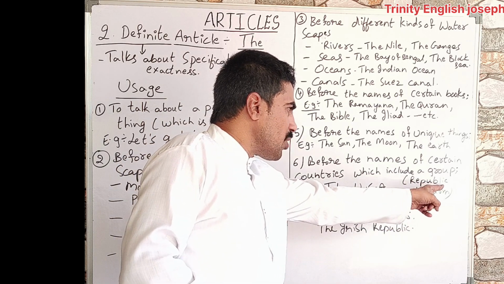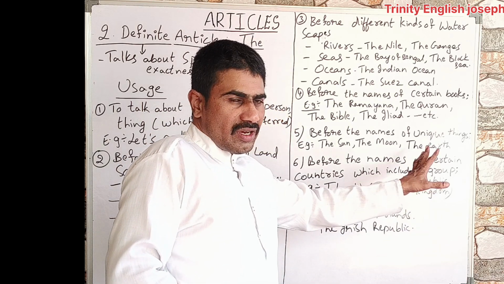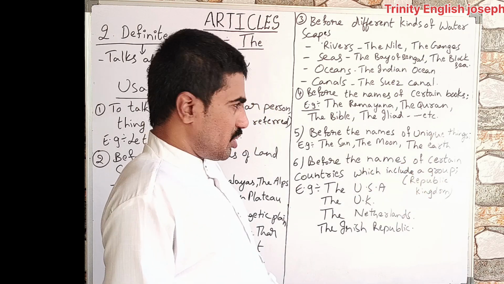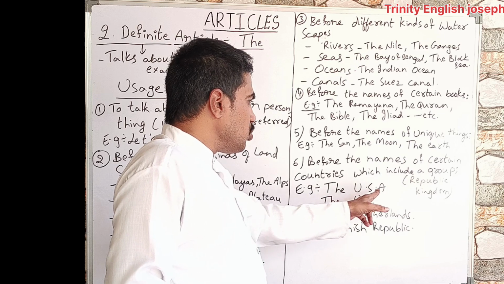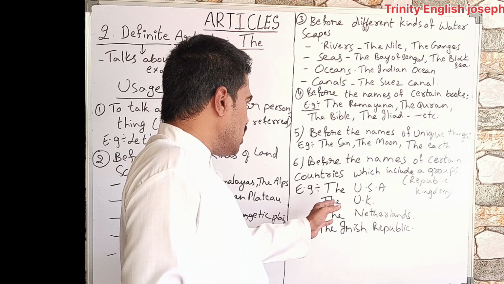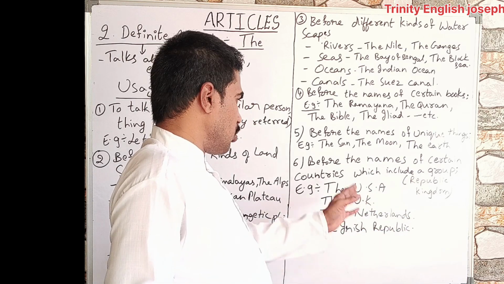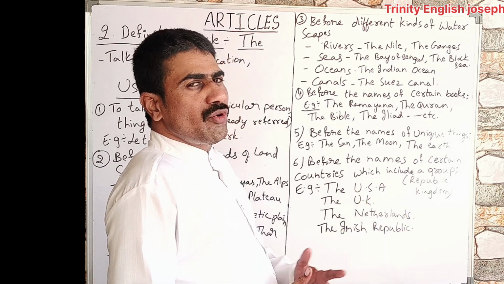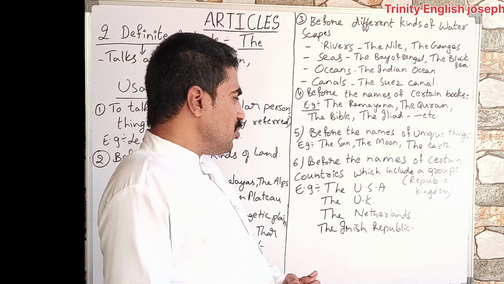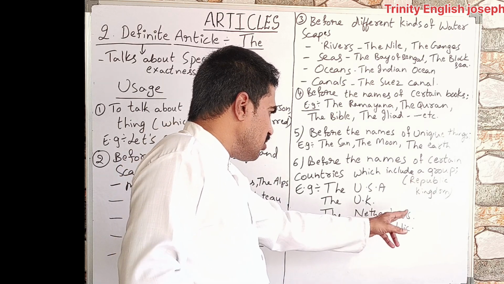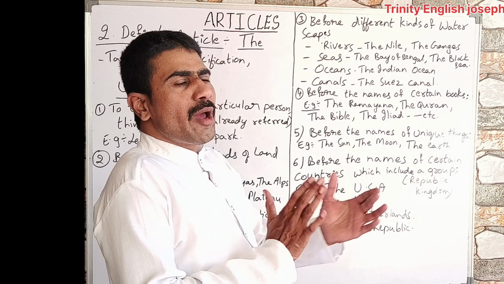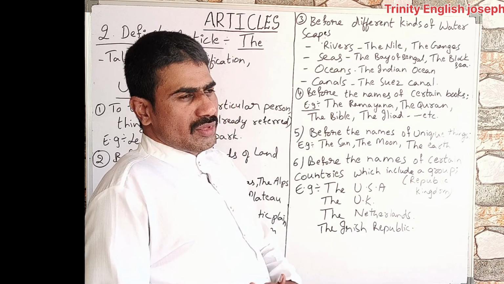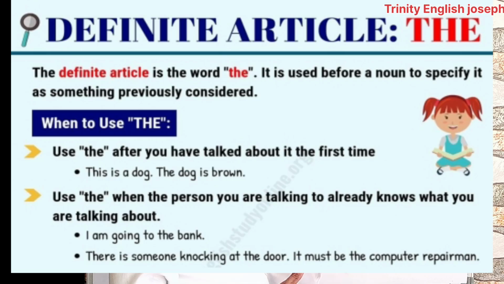Especially where we have republic or kingdom in their country names, then definitely we would be using the before them. If you see the USA, the United States of America, the United Kingdom, the UK, the Netherlands, the Irish Republic and all those things we would be using the before them. And for the Netherlands, the capital city is The Hague. So even for the capital name, Hague, we also use the.